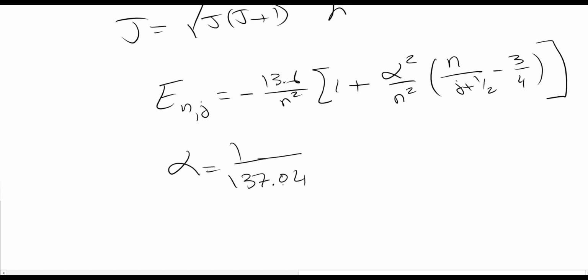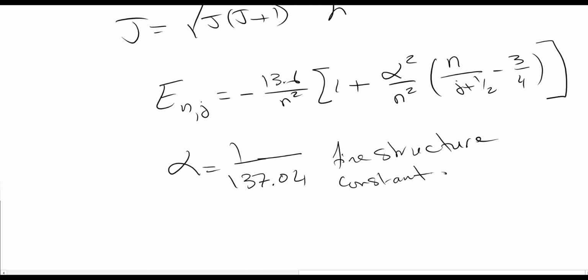This gives us the ratio of how strong the nuclear force is against the electromagnetic force. Actually, this is the fine structure constant, because we're including now other things in here.